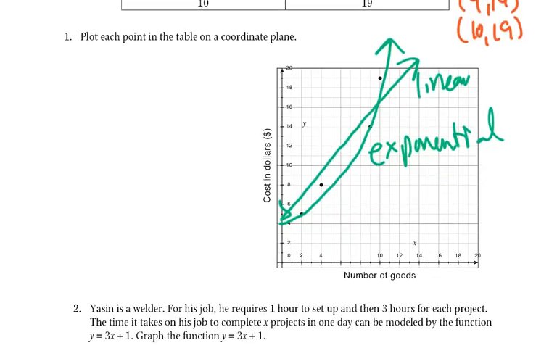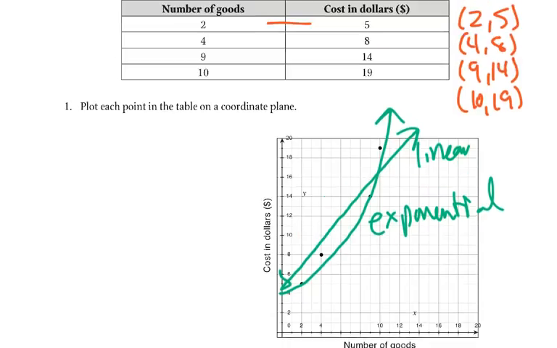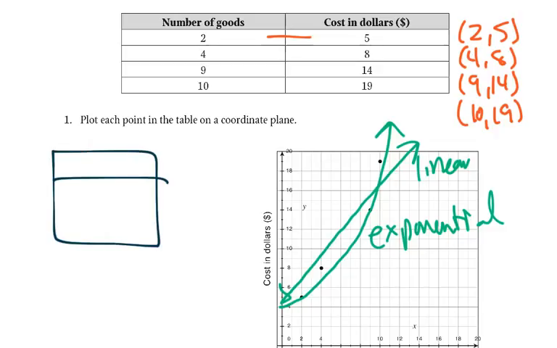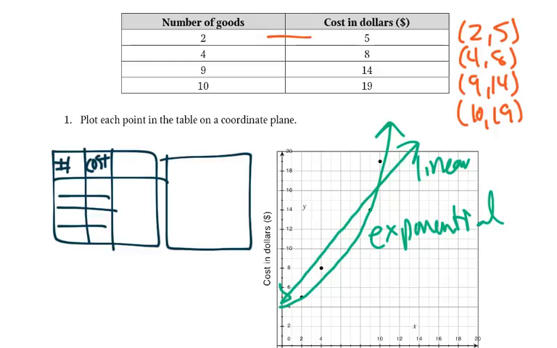So, let's take a look at that. In the calculator, remember we would start a new document, do the lists and spreadsheets, have the number, the cost, put our information in, open up a new Data and Statistics tab, choosing our variables here, and we'd get those points plotted, okay?